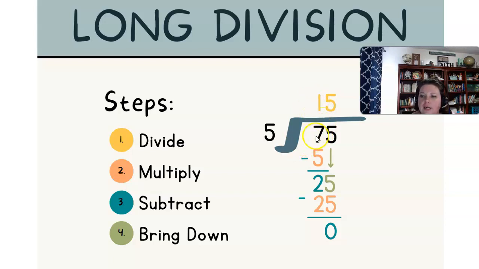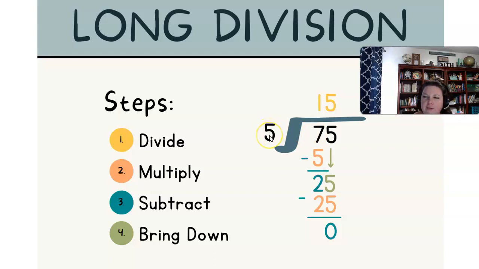So start with your first number inside of the division bracket. The dividend is 75. So let's look at 7 first. We're thinking 7 divided by 5. Well, I cannot think of a number that would go into 7 evenly if I multiplied it by 5.